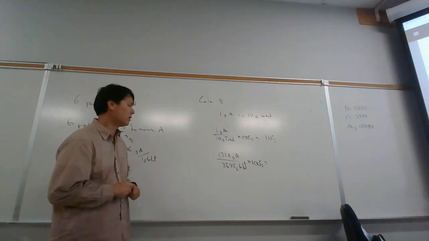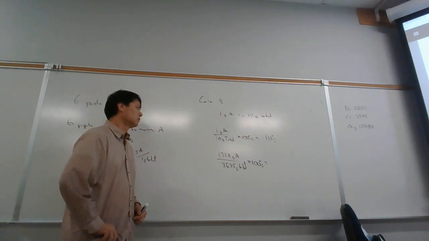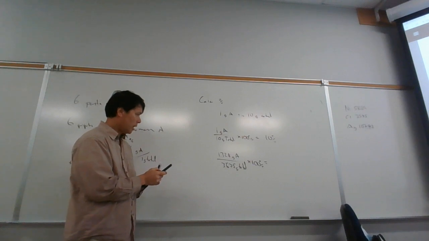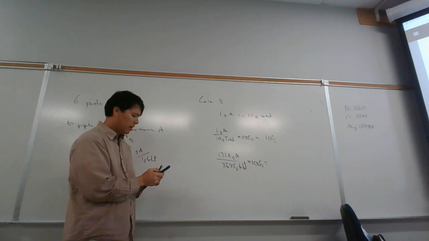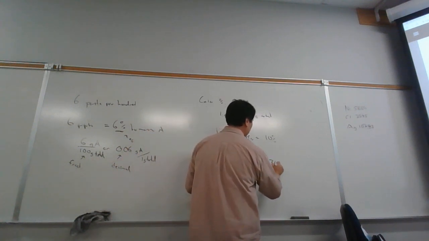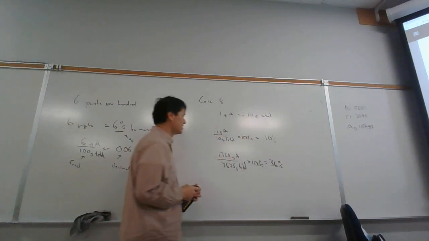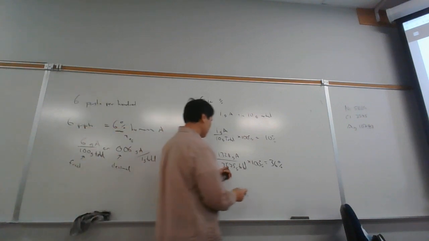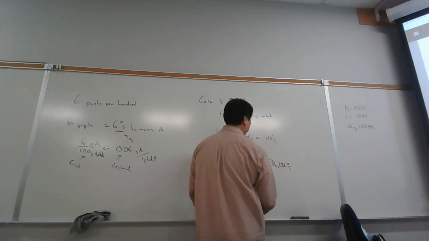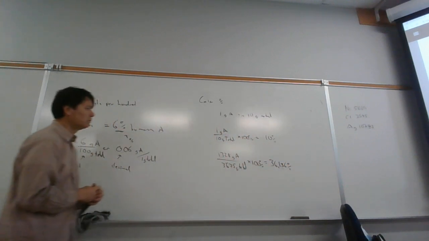All right, so let's calculate it. 1.328 divided by 3.675 times 100. 36.13%. Something like 36.136%. That's more digits than we allow.